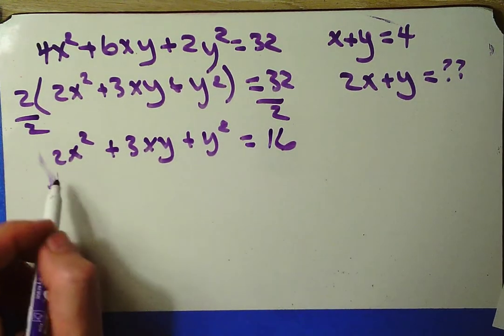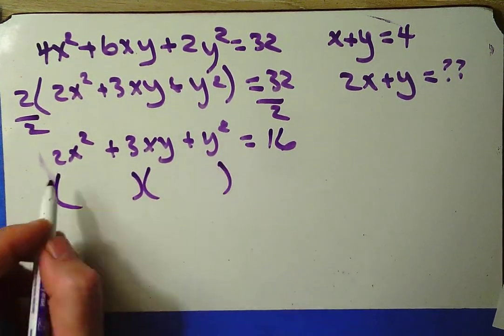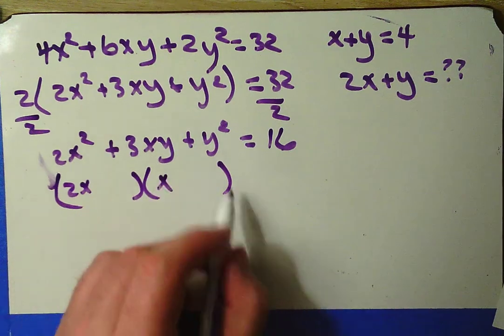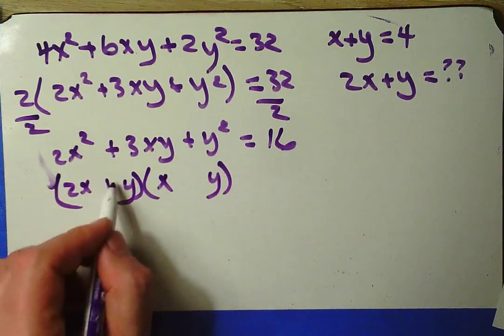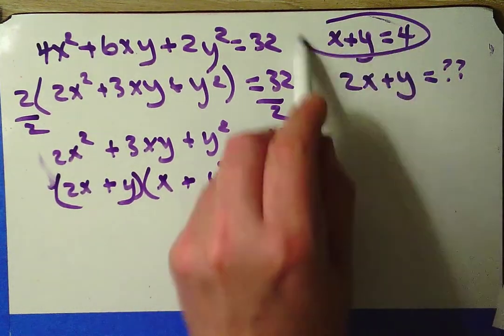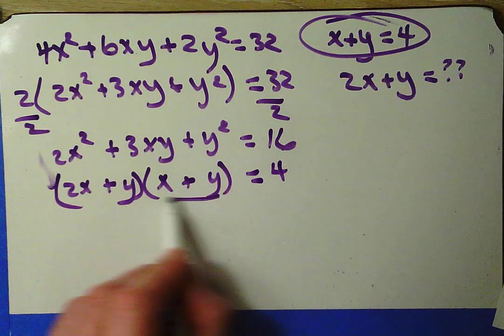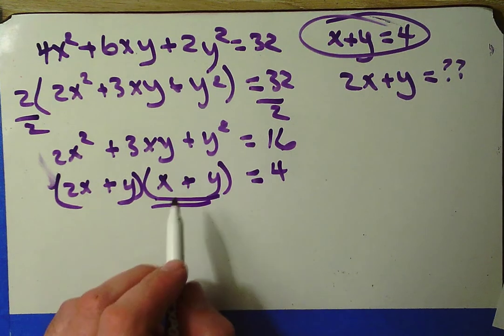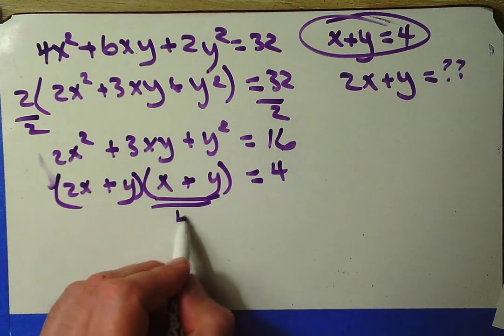Now I need to factor this trinomial. I went through that and said 2x and x, y and y, with pluses in between. Now, they told us that x plus y is 4, and here's an x plus y. So I'm going to replace this x plus y with 4.